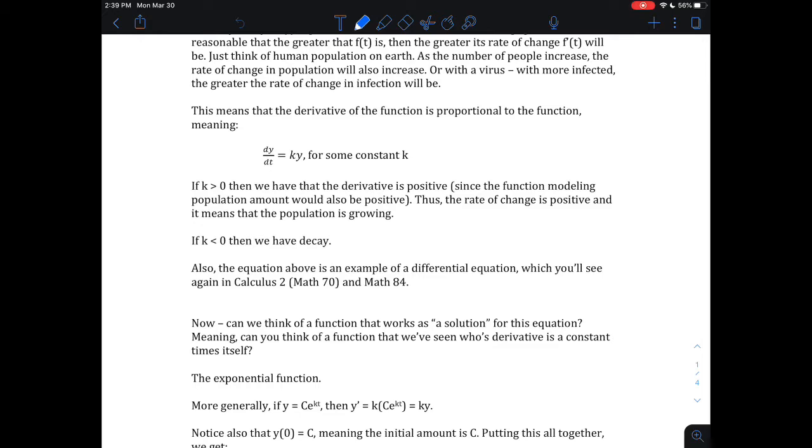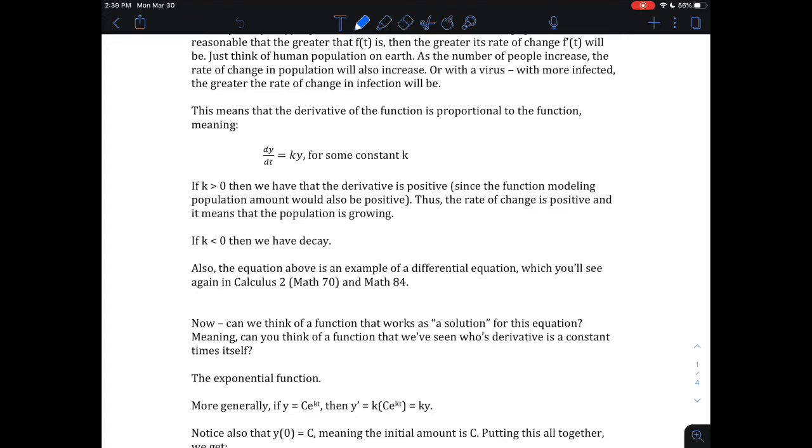The reason for that is that the original function y was already positive in itself because it is measuring a count, a population count. Thus, the rate of change is positive, and it means that the population is growing. If k is negative, then that means that we have decay instead of growth.